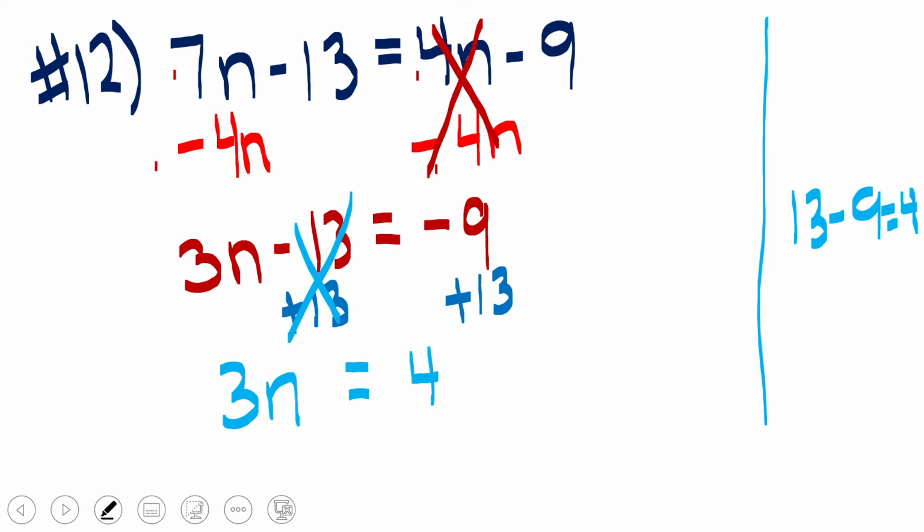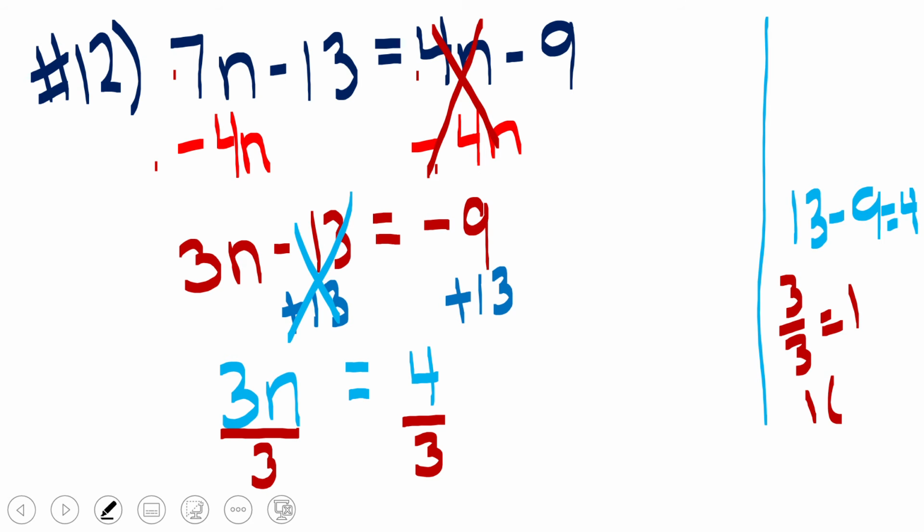We still can simplify further, so we're going to divide by 3 on both sides. Remember, 3 over 3 equals 1. 1 times n still just equals n in the identity property of multiplication.